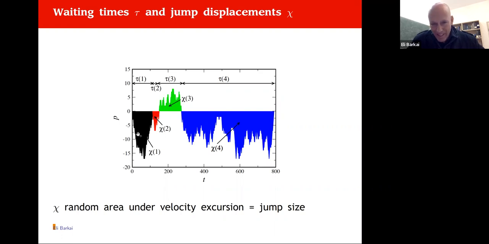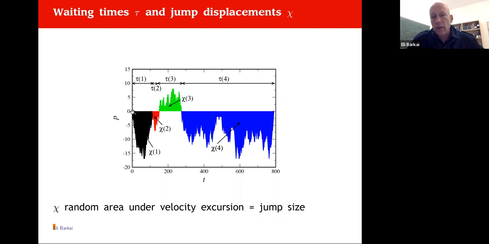Now, look at this black curve. What is this black curve? You cross zero here and there. And then in between, by definition, the momentum was here negative. So if you want to know what is this displacement in this time, tau 1, you need to know the area underneath this curve. So as usual, if you have a velocity, the integral over the velocity is the jump size.